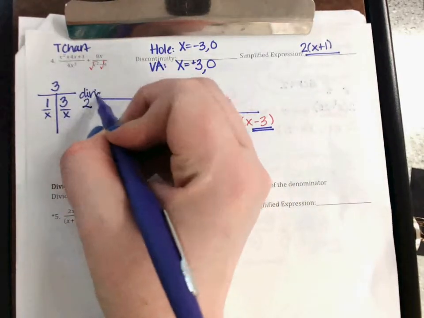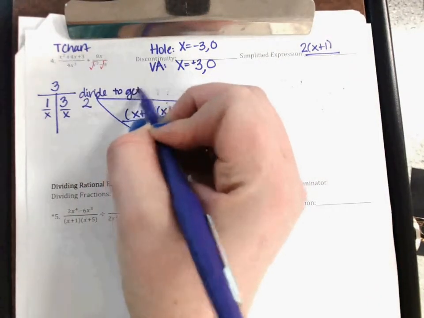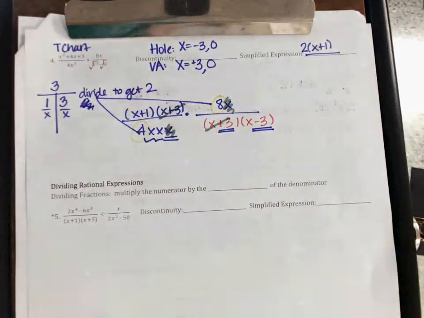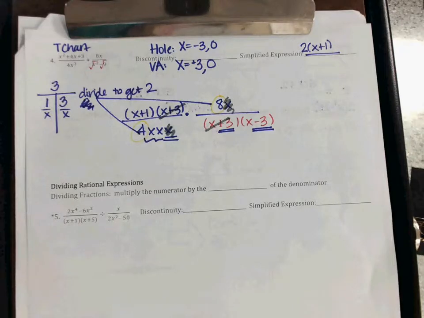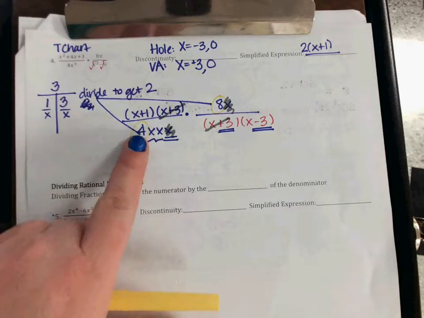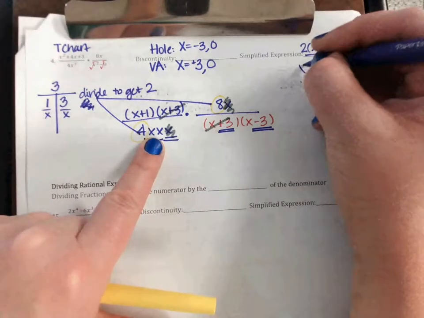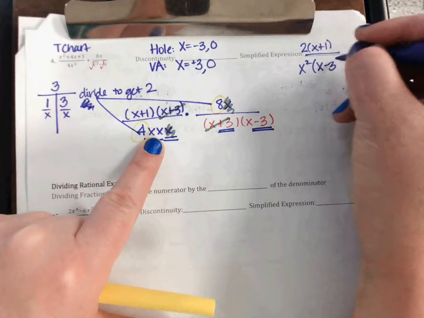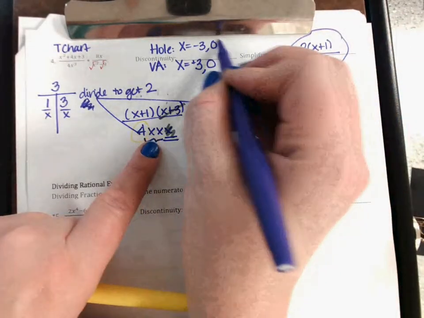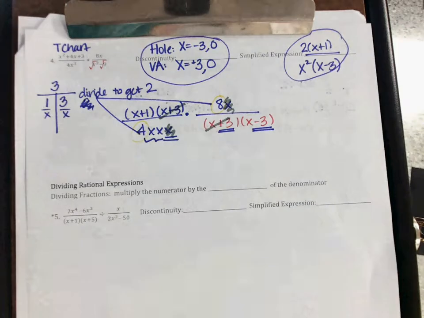So if there's a number on top and on bottom, you can reduce those or divide them. Then on bottom, my 4 is gone because I divided it. Then I have xx, so that's x squared. And then I have an x minus 3 still left over. Make sense?